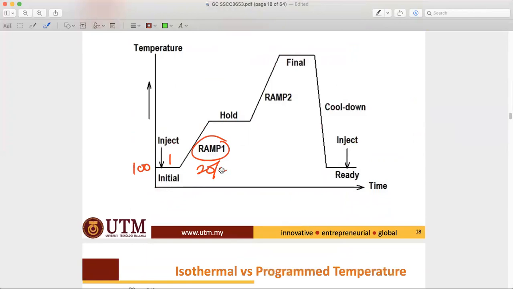When you reach 200, you hold it for 2 minutes. For our analysis example just now, this is the end. But for this graph, they add another ramp, and then they have the final constant temperature, and then finish the analysis.